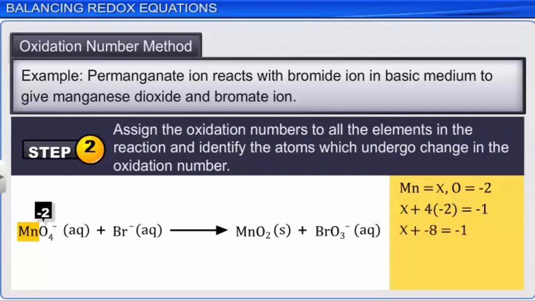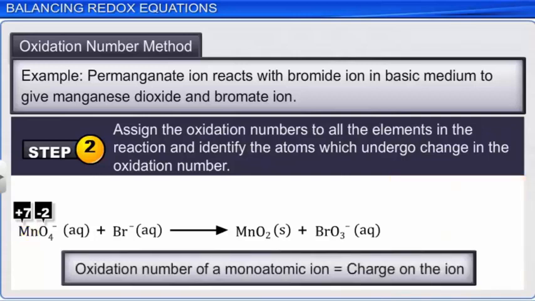Therefore, X equals +7. Thus, the oxidation number of manganese is +7. We also know that the oxidation number of a monoatomic ion is same as the charge on the ion. So, in the case of bromide ion, the oxidation number will be -1.